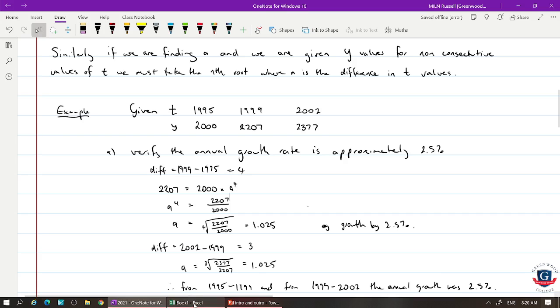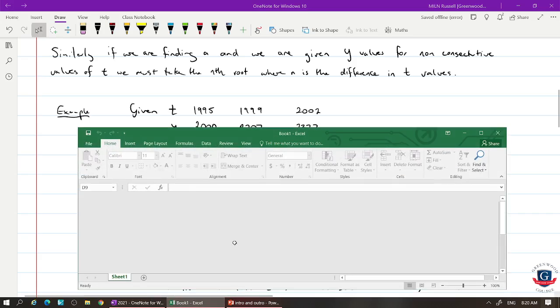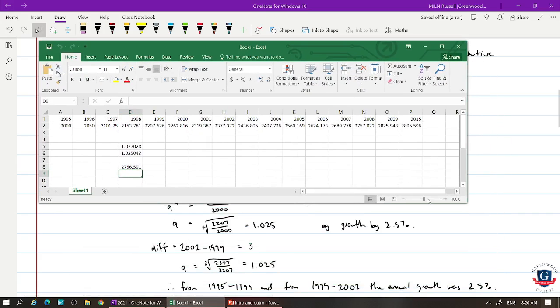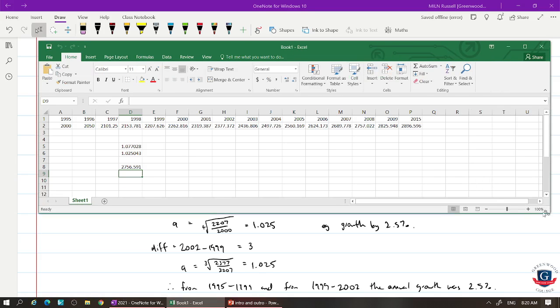actually I've probably still got this sitting in a table over here, I might bring it up. Here we go. Here's that scenario with a 2.5% growth factor starting at 2000 going to 2015. And we can see that we've applied 2.5% 20 times, once, twice, 3 times, 4 times, 5 times.